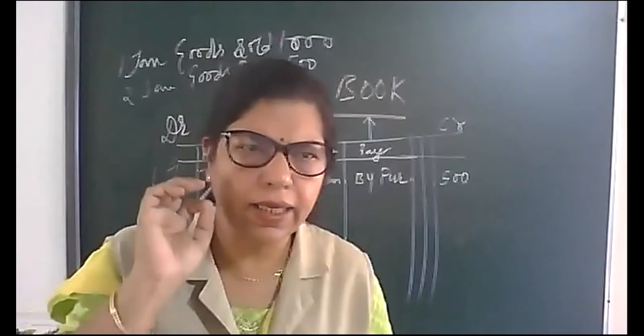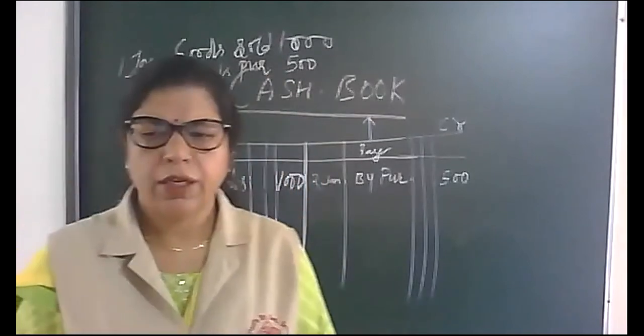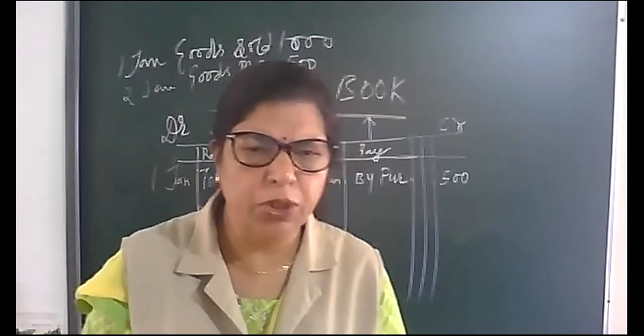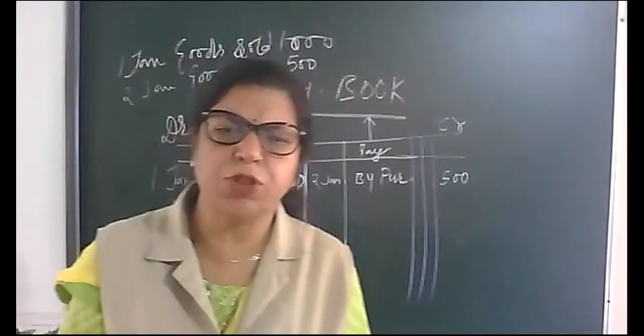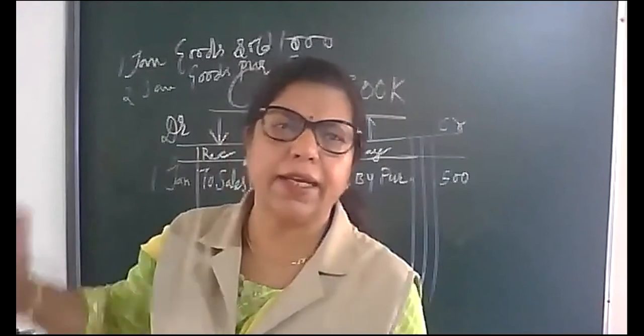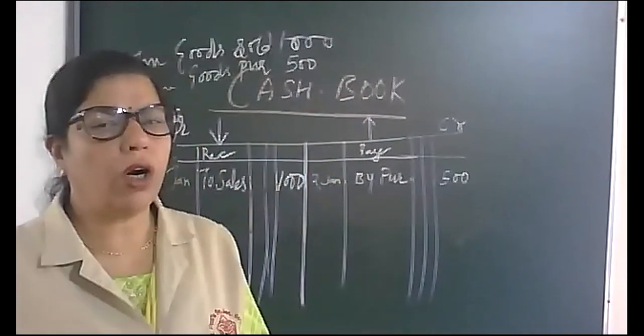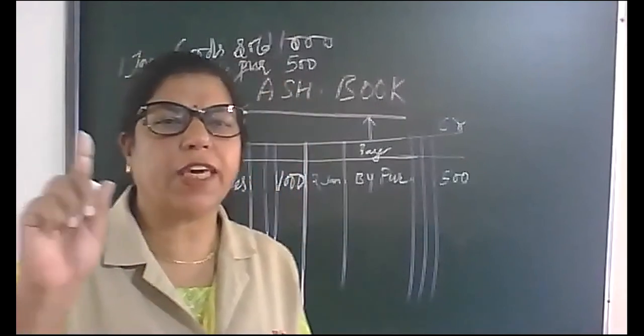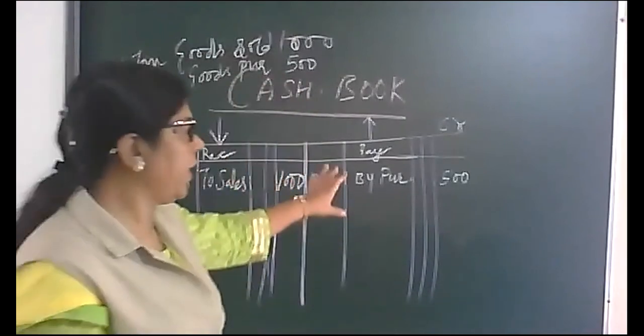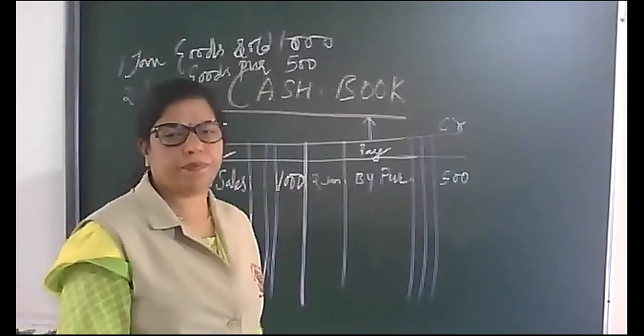This is the easiest way to maintain the cash book. All inflows and receipts will be on the debit side, and all payments and outflows of cash will be on the credit side.